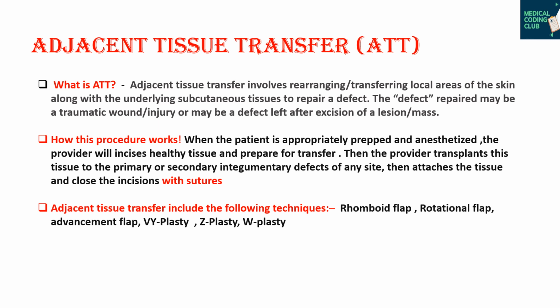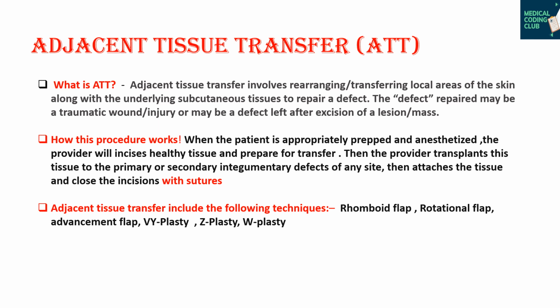So what is adjacent tissue transfer? Adjacent tissue transfer involves rearranging and transferring a local area of skin along with the underlying subcutaneous tissues to repair a defect. The defect repaired may be a traumatic wound or injury, or a defect left after excision of a lesion or a mass.